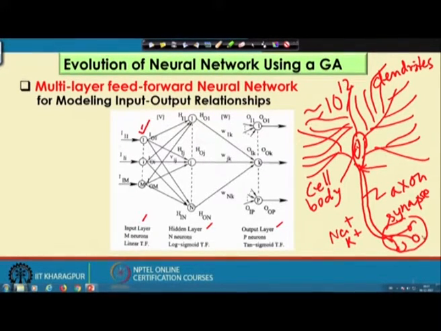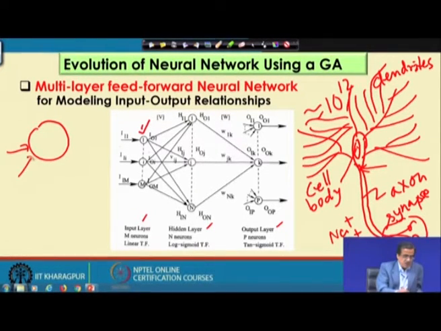The same thing has been copied here in the artificial way. Now, as I told, one artificial neuron is represented with the help of a circle. Here, if you see, all such inputs are coming through this artificial neuron, and inside the artificial neuron we have got the summing junction and a transfer function.